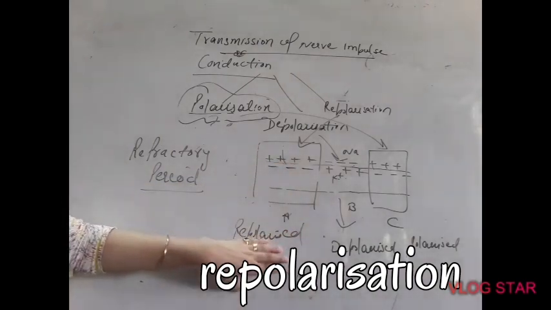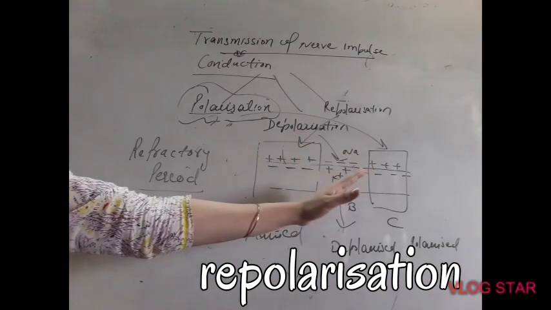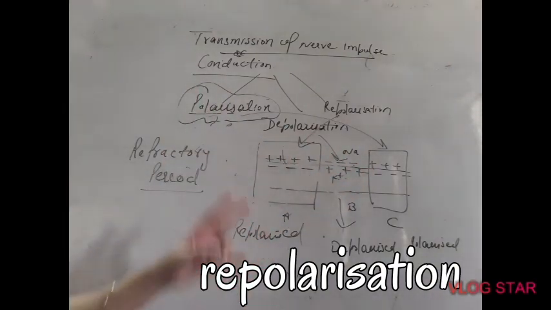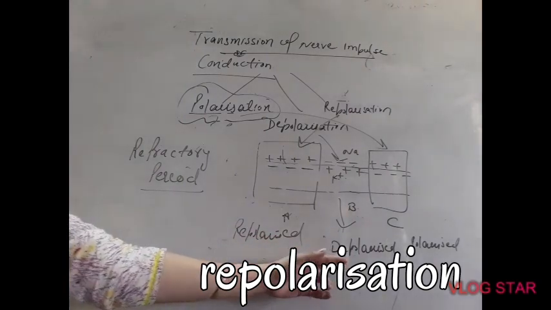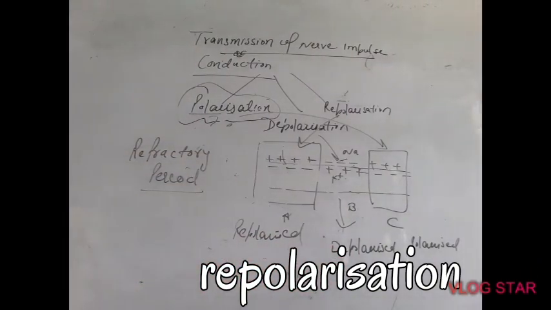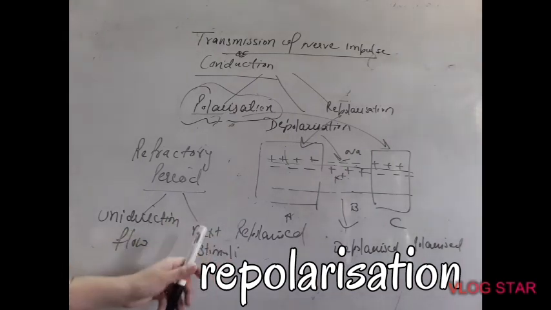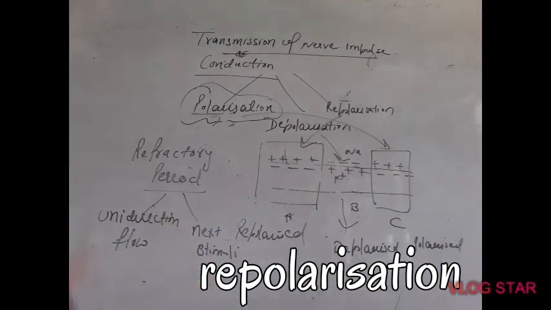That is why repolarization is necessary: for the unidirectional flow of impulse, and second, to carry the next stimuli. So the time taken by the depolarized phase to come back to repolarized is known as the refractory period. The two advantages of the refractory period are that it allows unidirectional flow of information, and it is necessary to receive the next stimuli. So this was all about transmission of nerve impulse.